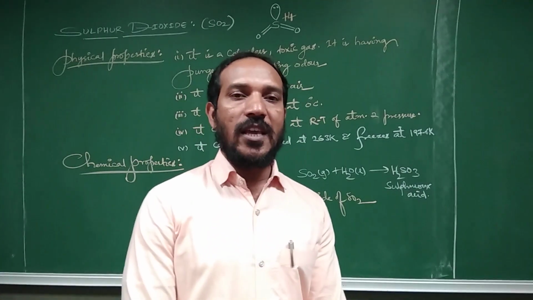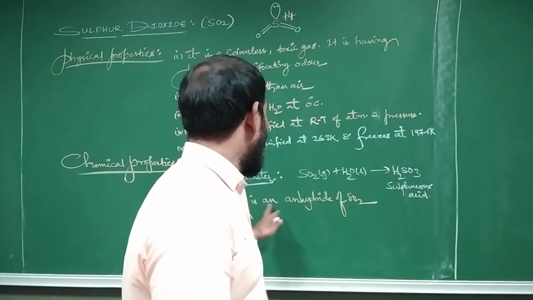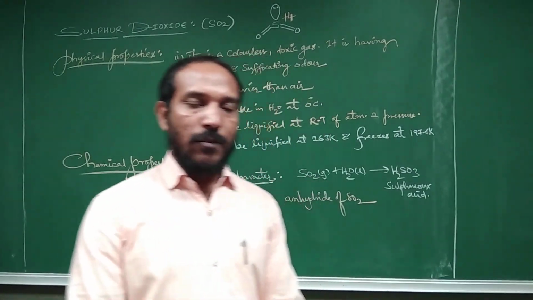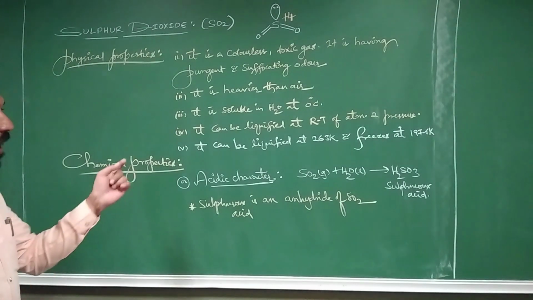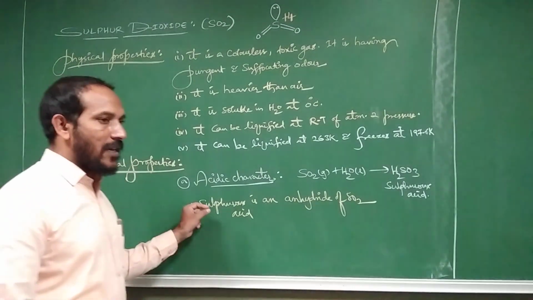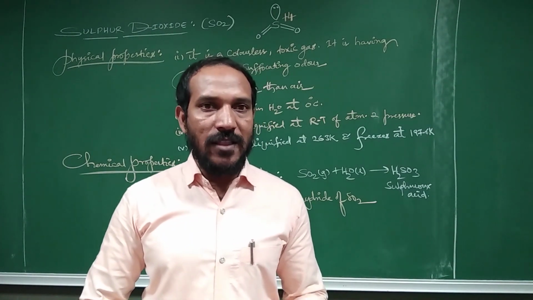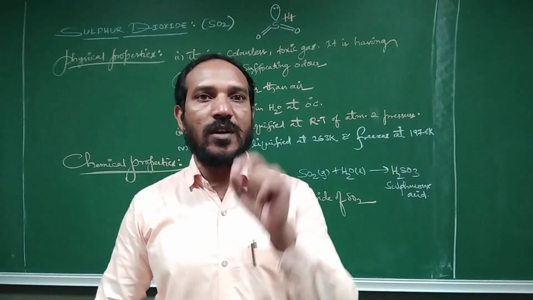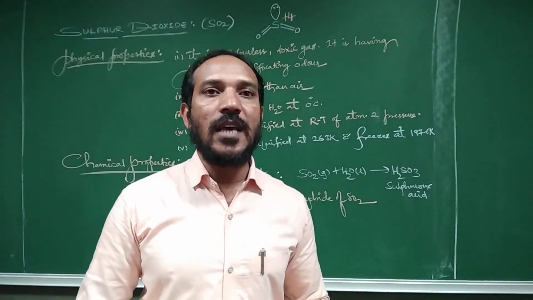So H2SO3 can also be called the anhydride of sulfur dioxide. Now, based on this acidic nature, next I can also explain that sulfur dioxide shows acidic nature when it reacts with sodium sulfide.